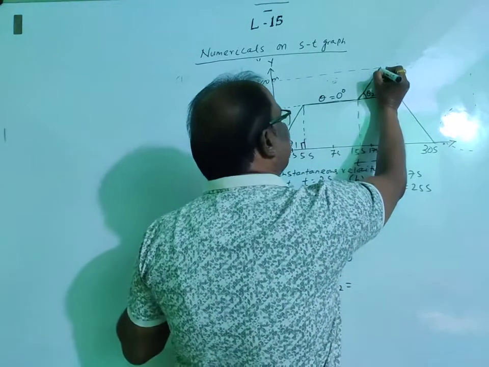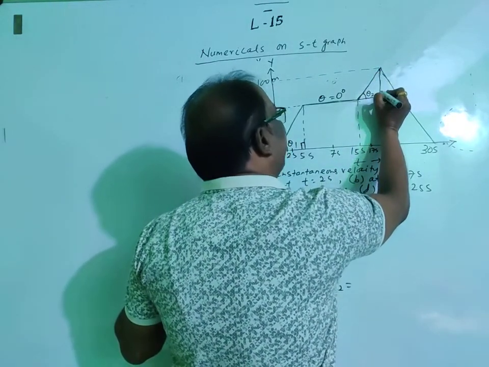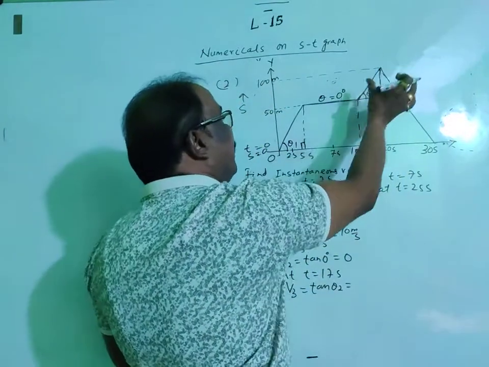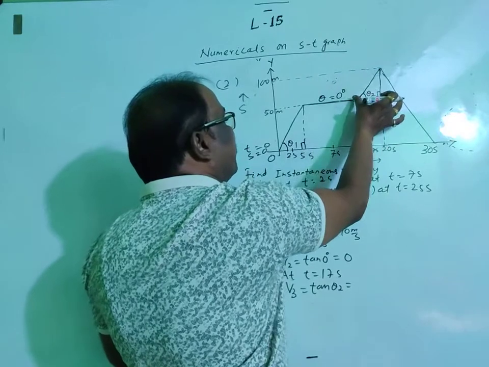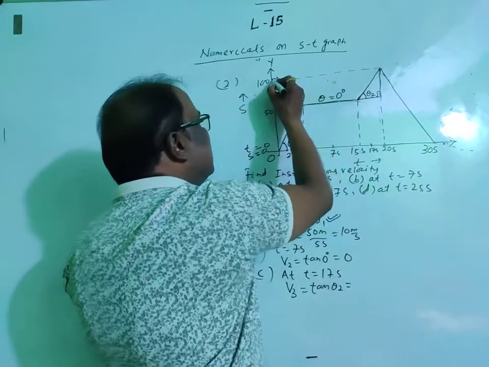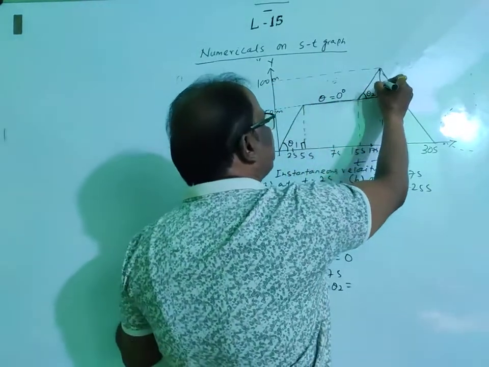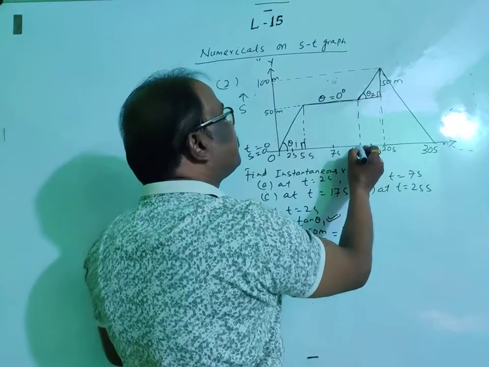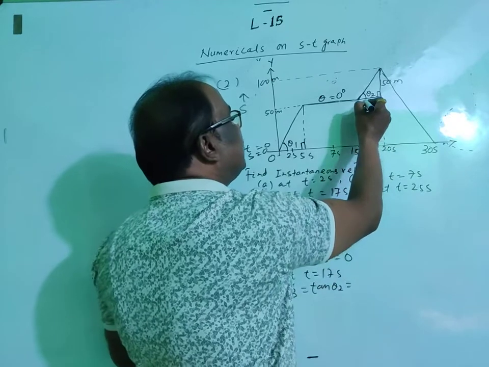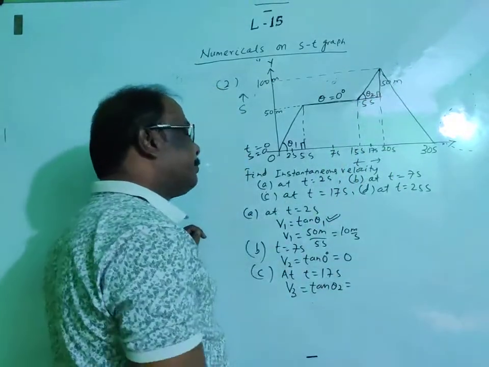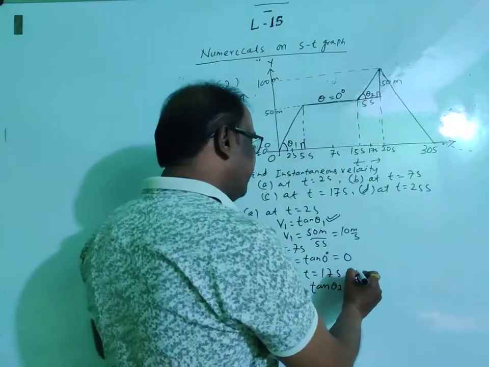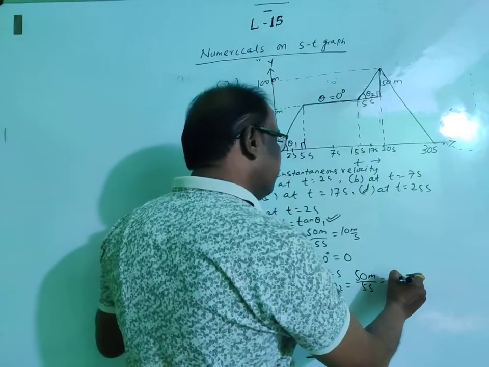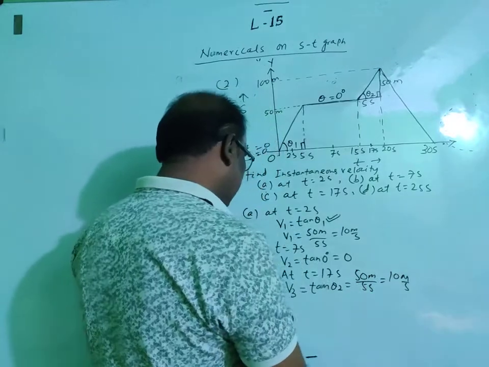Considering this triangle, this angle is 90 degrees, and tan theta is perpendicular upon base. Here perpendicular is 100 meter minus 50 meter, so this is 50 meter, and this interval of time is 15 second to 20 second, meaning this time interval is 5 seconds. So tan theta 2 is 50 meter divided by 5 seconds, equal to 10 meter per second.